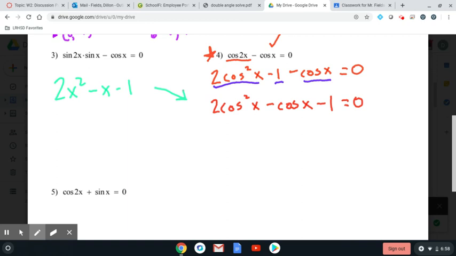So at this point, once you have this, you have to try to factor. It's not like taking out a greatest common factor like that first problem was. In this case, you're going to have to break this down into your 2 sets of parentheses. Your factors of 2 cosine squared x are going to have to start them, so I know I'm going to have a 2 cosine x and just a cosine x.